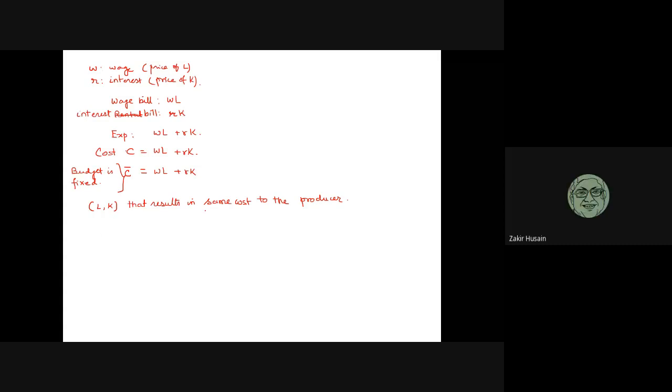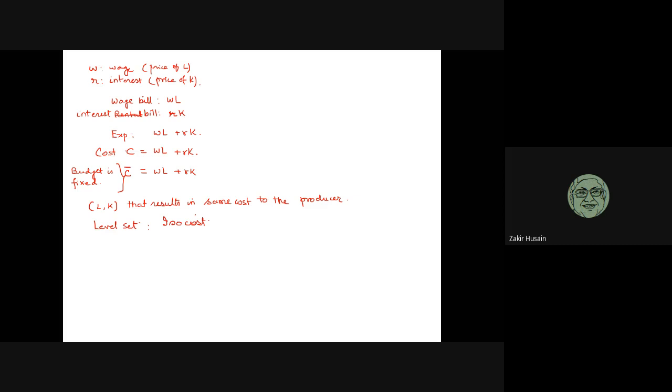So the labor and capital that result in the same cost to the producer, this is also an example of a level set. We call this an isocost. This is equivalent to the budget line of the consumer.